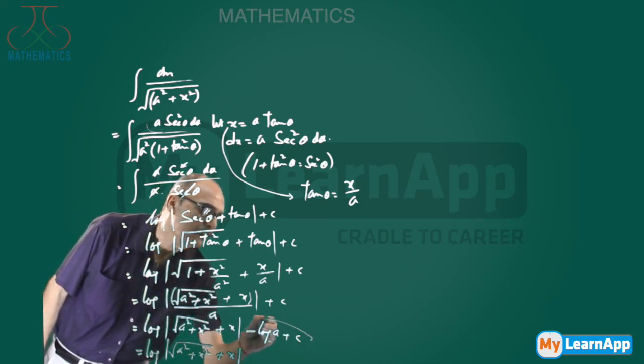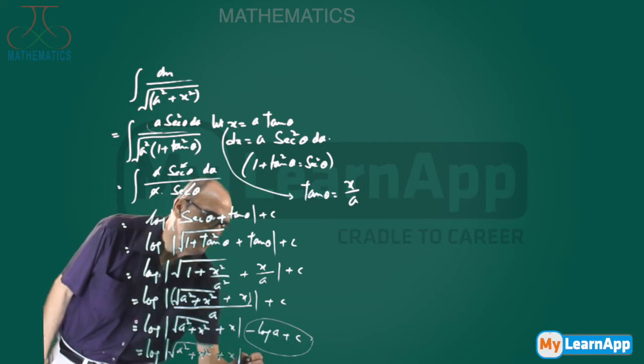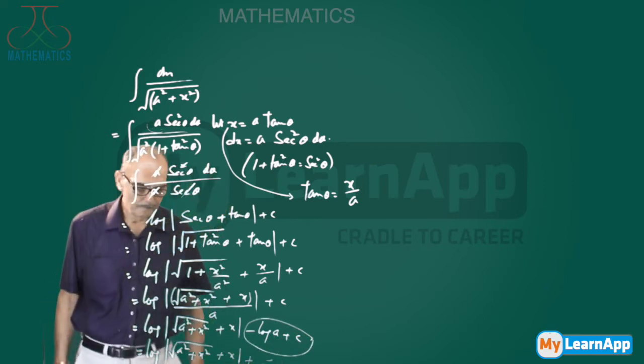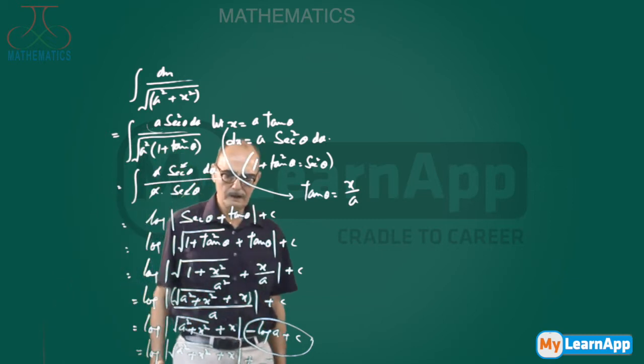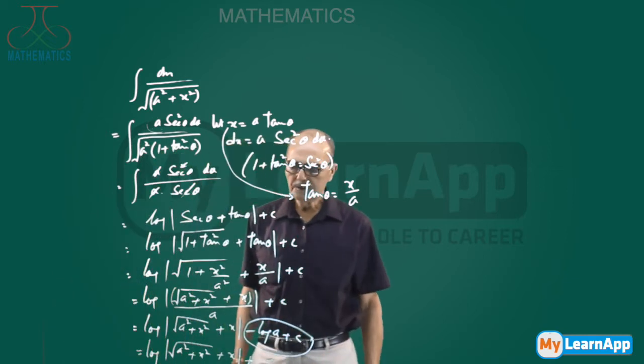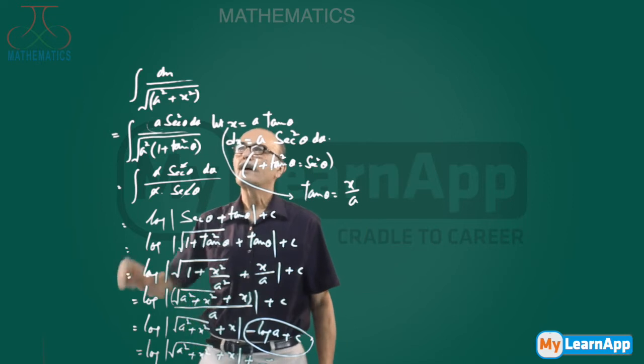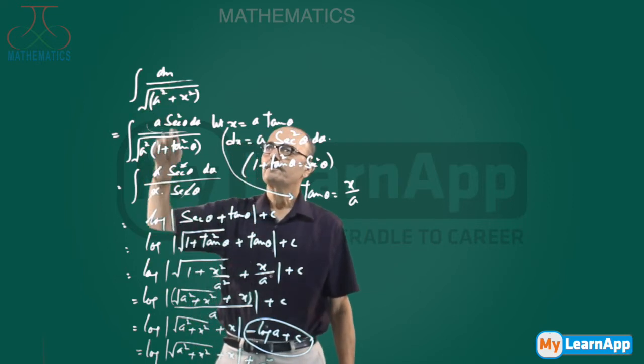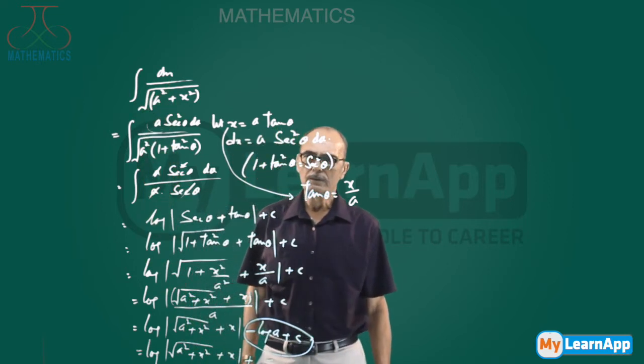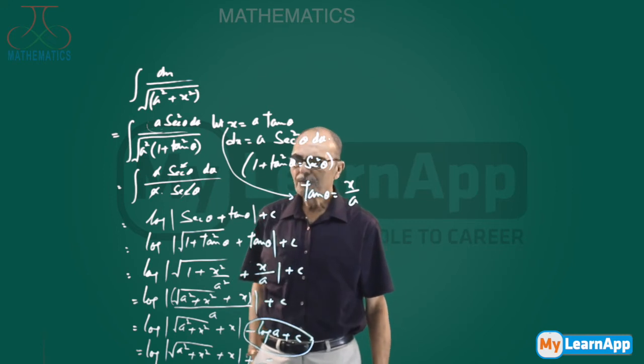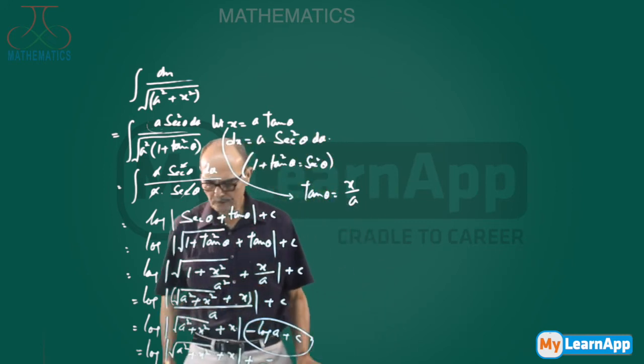For this quantity, both are constant, so we can write another constant c dash. Well, this is the form which we use for the integral of dx upon under root a square plus x square.